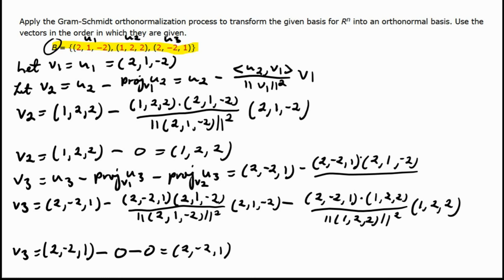V sub 2 we got to be 1, 2, and 2, and then basically it's just the original basis. V sub 3 is the 2, negative 2, and 1. I was trying to see that on my paper. I guess I didn't write it down. Okay, I see it.